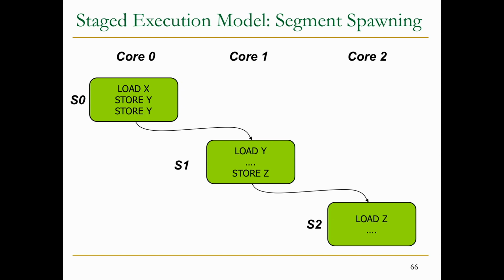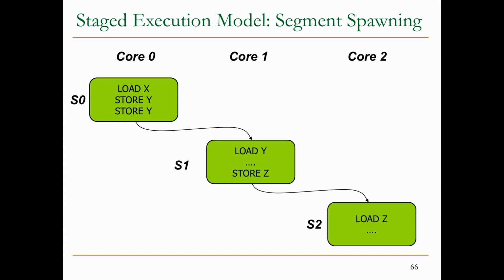The first instance of A is here, first instance of B is here, first instance of C is here, then the second instance of A, second instance of B, second instance of C, and so on. That's how you fill the pipeline. So clearly, this is good because now you can exploit inter-segment parallelism, and also you can choose the segments such that you have very good locality inside the segment, but you run into problems when you actually move this.